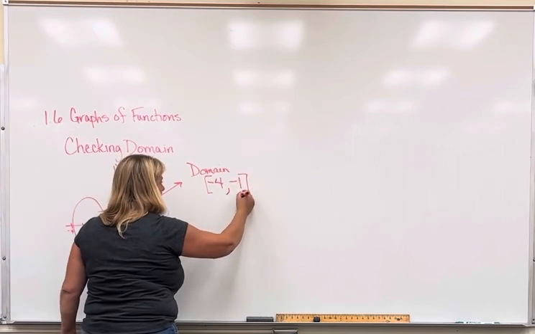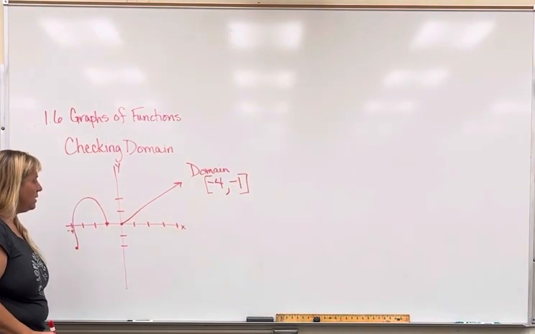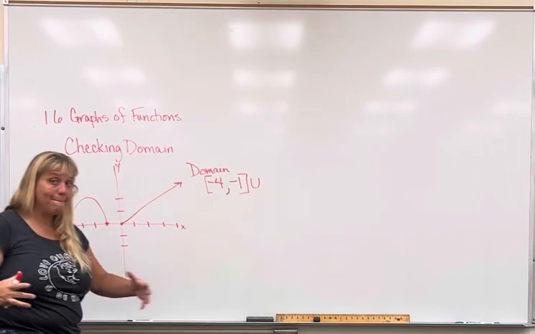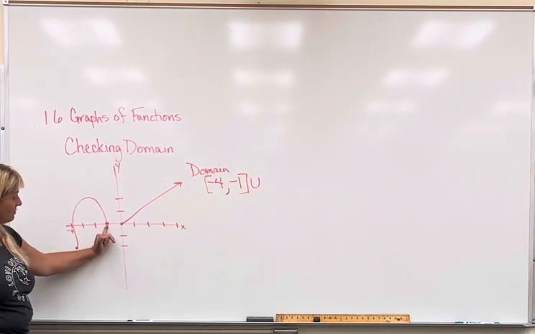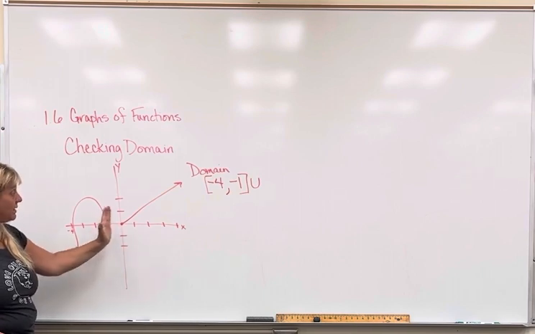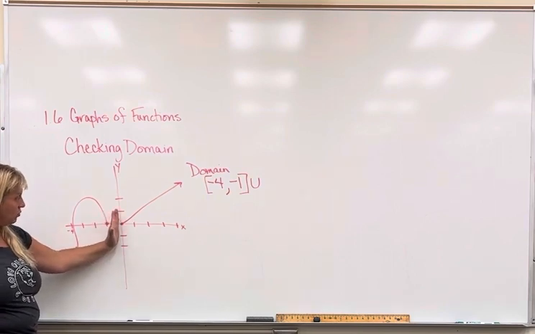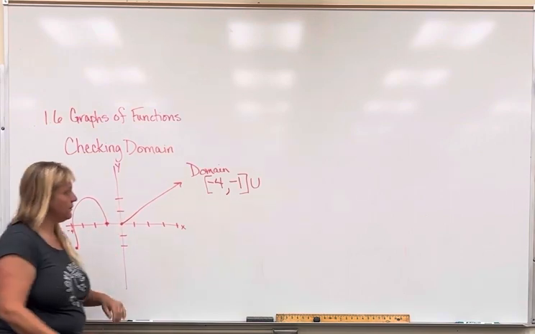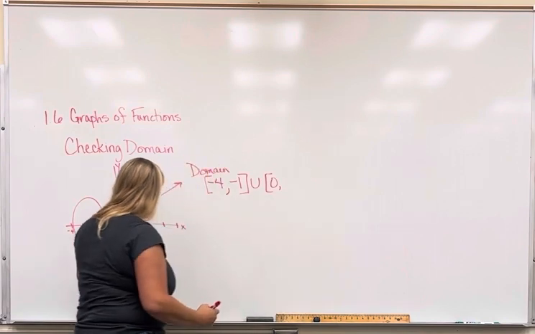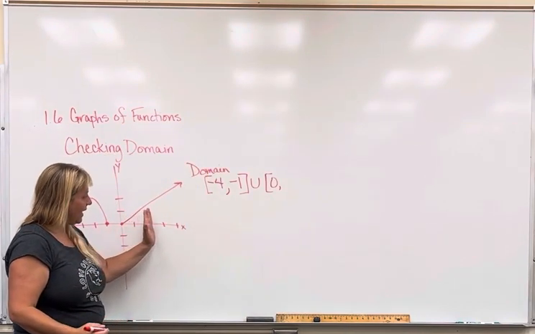So we'll hit it with a bracket. Now, we're going to use that union notation because we're going to combine. Now, is any of the values between here getting used? No. So we're making a jump up to where x is equal to 0, also with a bracket.